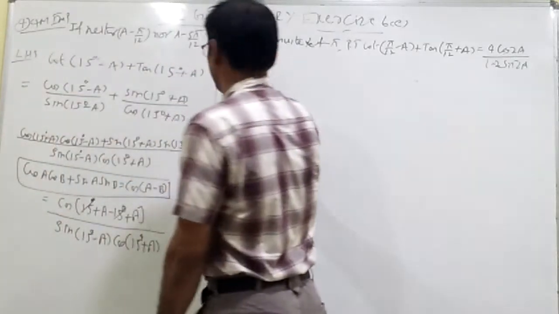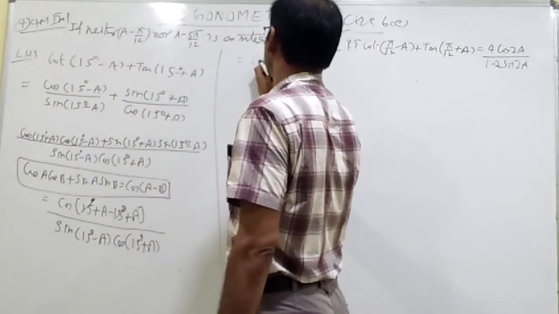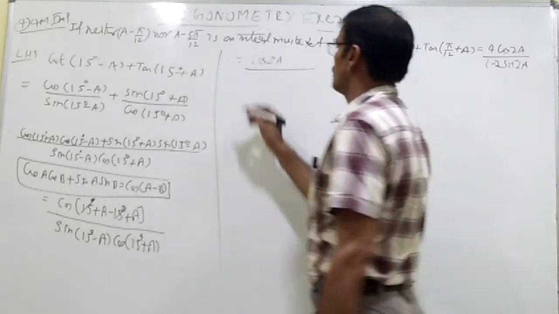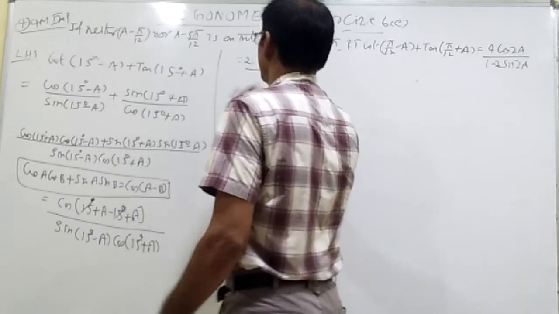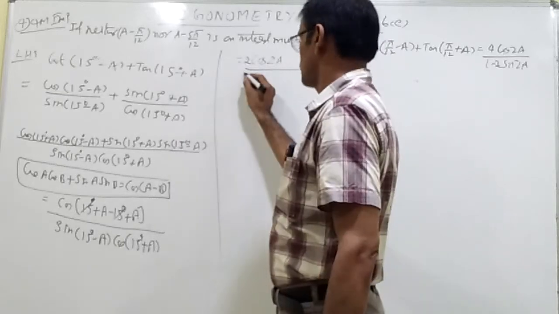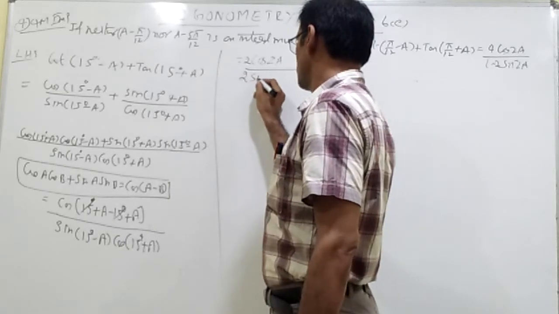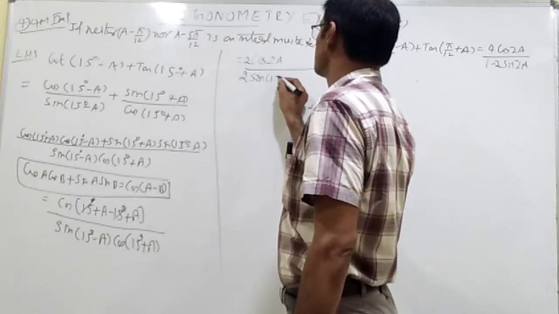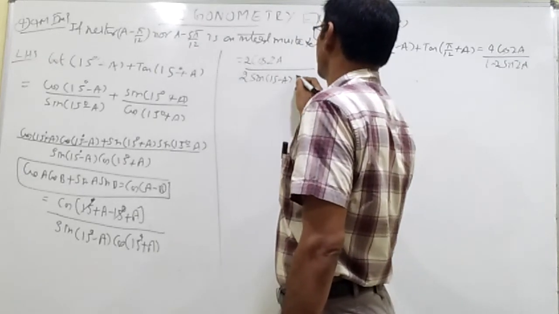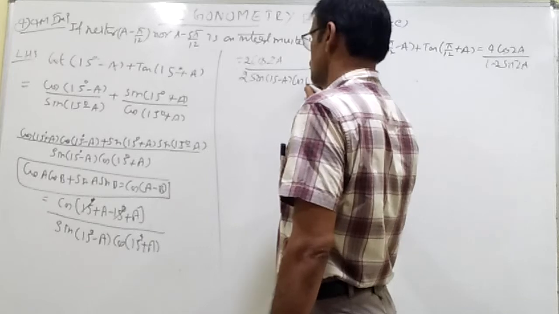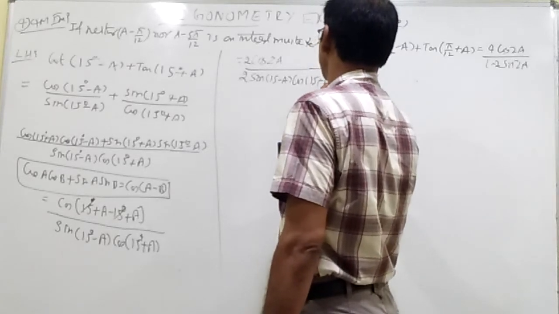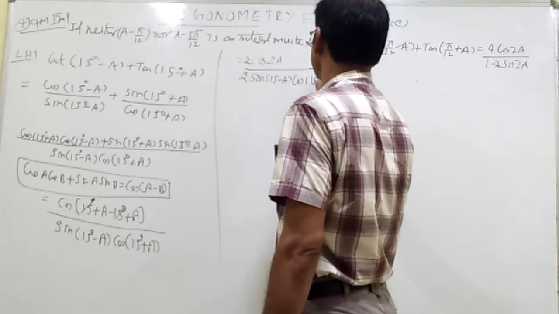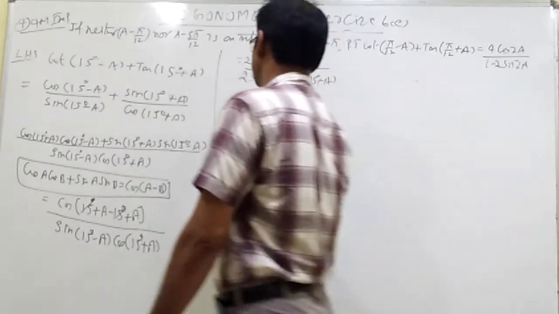In the numerator we have cos 2a, cos 2a whole by, now let us multiply and divide with 2 because the denominator can be understood as the 2 sin a cos b formula. So this is 2 sin of (15 minus a) into cos of (15 plus a), this is degrees.